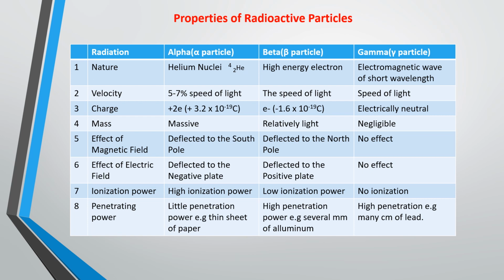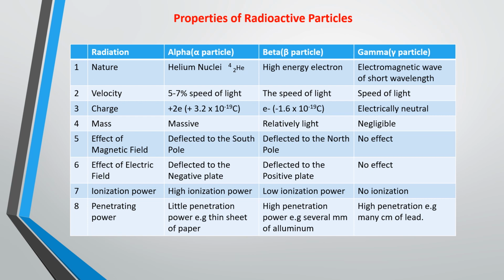Mass: alpha particles are large, beta particles are relatively small, while the mass of gamma rays is negligible. Effect of magnetic field: alpha particles are deflected to the south, beta particles to the north, and gamma rays no effect. Effect of electric field: alpha particles are deflected to the negative plate, beta particles to the positive plate, and gamma rays no effect.